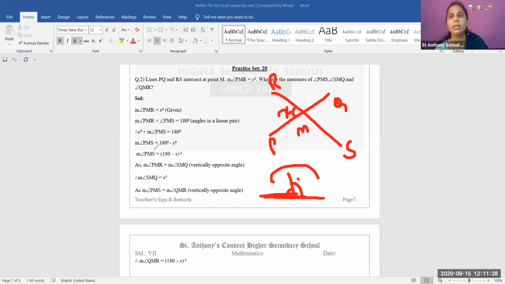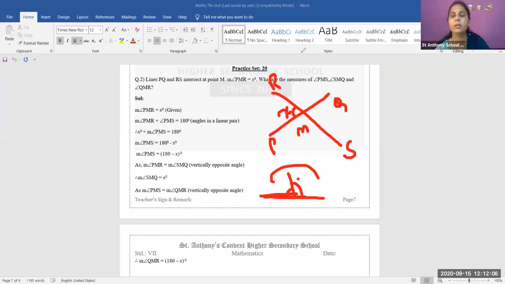So the measure of angle PMS is equal to 180 minus X. As angle PMR and SMQ are vertically opposite angles, if angle PMR is equal to X, angle SMQ is also equal to X. Why? Because of vertically opposite angles.